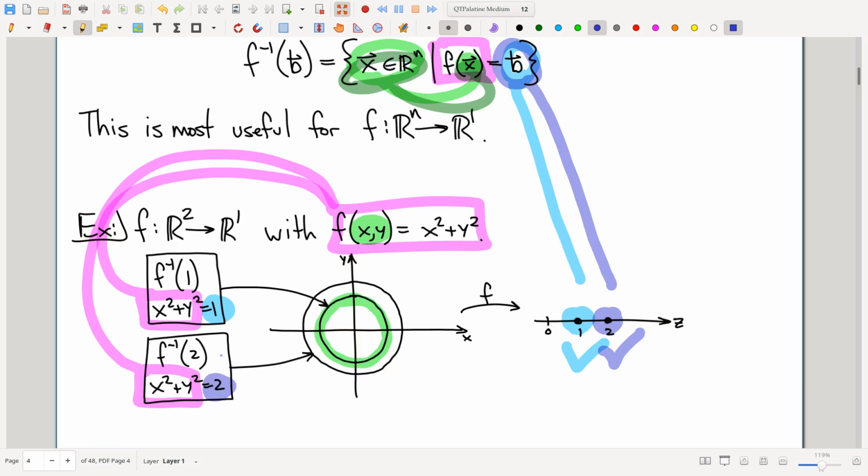And those input values, the x's and y's, the set of solutions to this equation, is a slightly larger circle. Again, we remember x squared plus y squared equals 2. It's a circle of radius square root of 2.